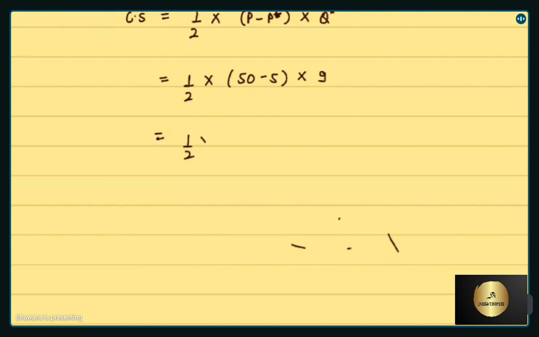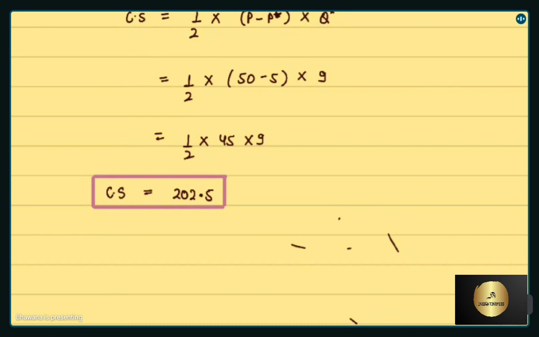So when you solve it, you will get 1 by 2 into 45 into 9. Let's solve it. Let me use a calculator for it. You will get 202.5. So the value of consumer surplus is 202.5. So this is your consumer surplus based on this particular demand function.